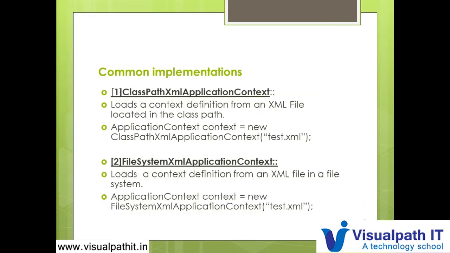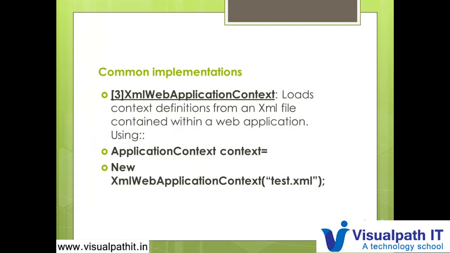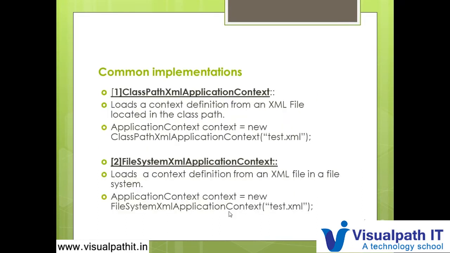The three most common implementations of ApplicationContext that we use in each and every project are ClassPathXmlApplicationContext, FileSystemXmlApplicationContext, and XmlWebApplicationContext. There are many, but these are the most commonly used implementations.